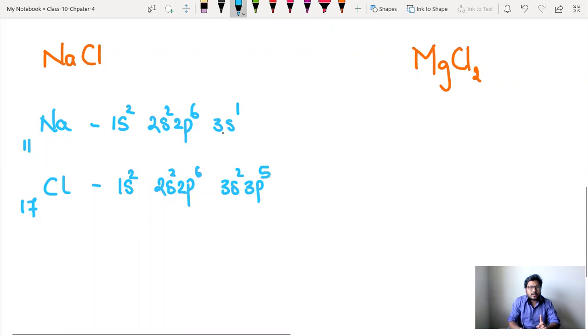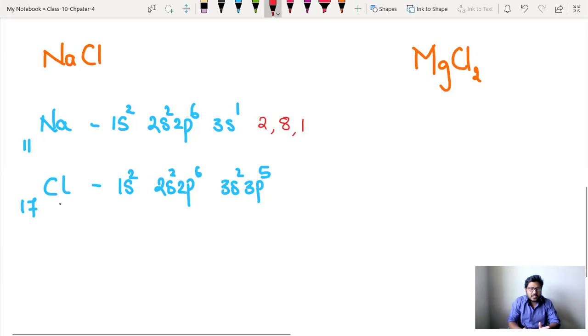So you can write the electronic configuration for sodium as 1s2, 2s2, 2p6, 3s1, or as 2, 8, 1. What is this 2? 2 electrons here. What is this 8? 6 plus 2, 8 electrons. What is this 1? This 1 electron.